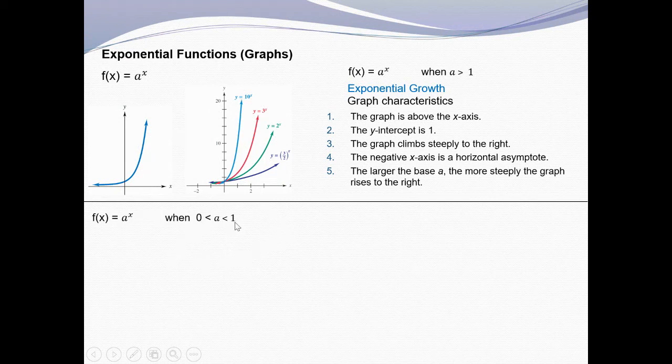Now, what happens when a is between 0 and 1? This will be the graph when a is a fraction between 0 and 1. This is considered exponential decay. How can we use exponential decay in real life? For example, when fossils were found, the fossils begin to decay at a certain pace.